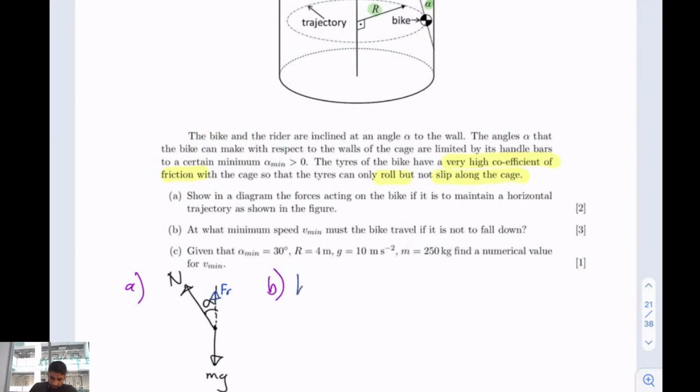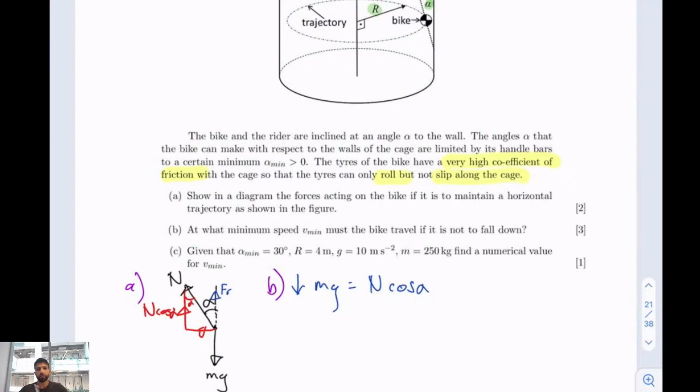So we can start with the vertical direction, and we can say that the weight going down, mg, is equal to n cos alpha. I am resolving this force into two components, and because this is alpha, this is going upwards, and cos alpha.